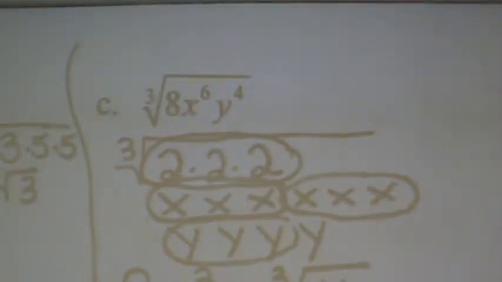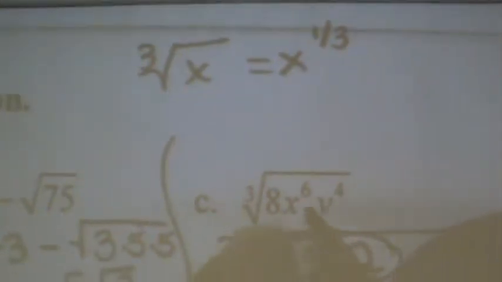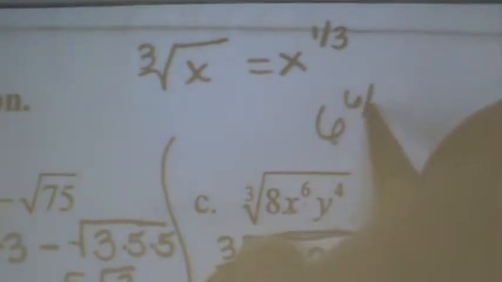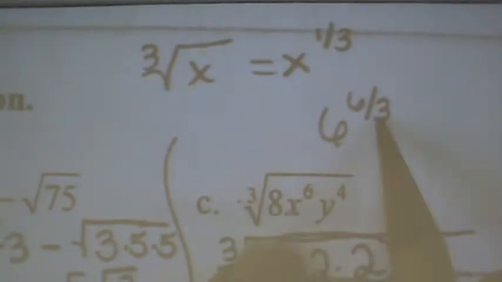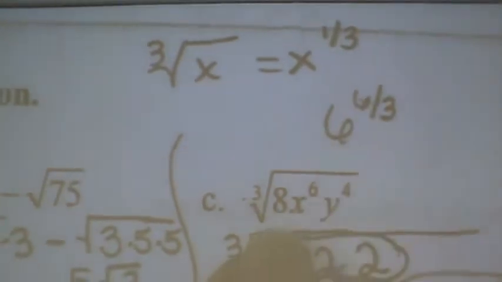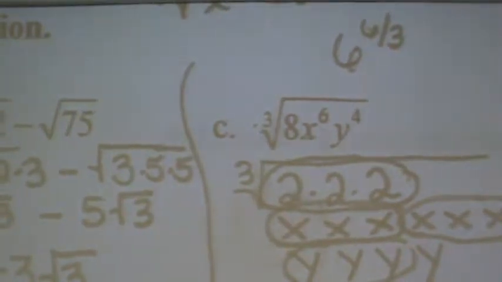Now the other way you could look at this problem, a little bit more advanced thinking: do you recall how to write the cube root of x as x to the 1/3 power? Yes. Well, look at your variables here. The cube root of x to the 6th power is really x to the 6/3, which is 2, so x to the 2nd power.